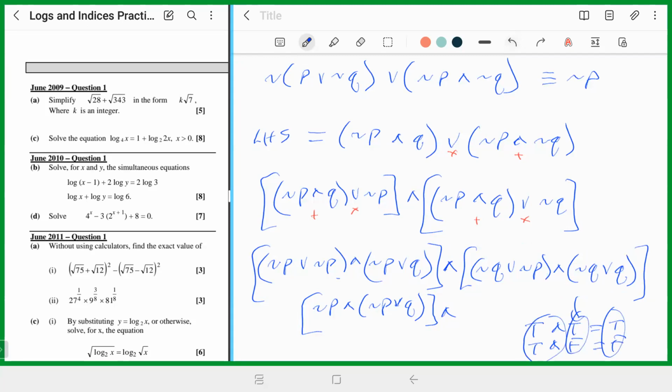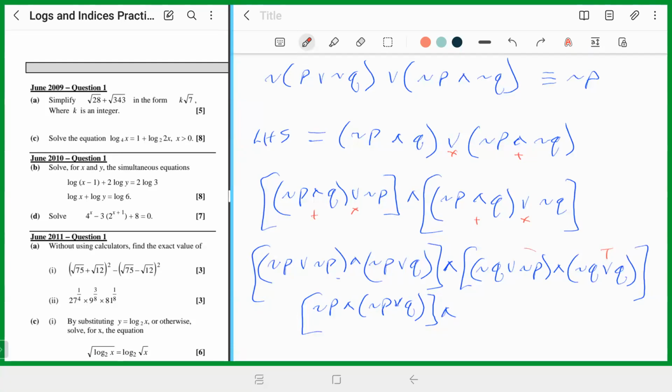Recognizing that this is a truth, true and anything is the other thing. If this was a false, the answer will be false. True and false is false. The only time it's true is when both of them are true. True and true is true, but true and false is false, and false and true too.